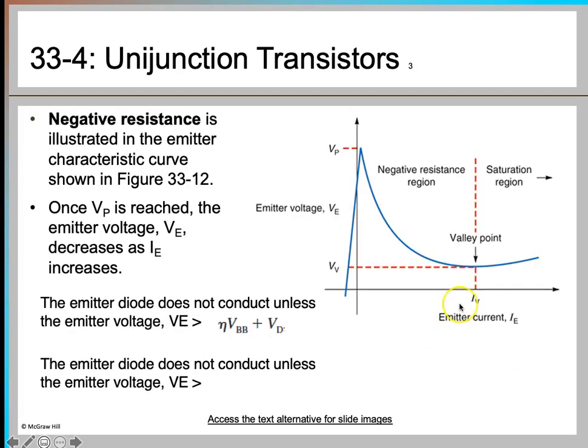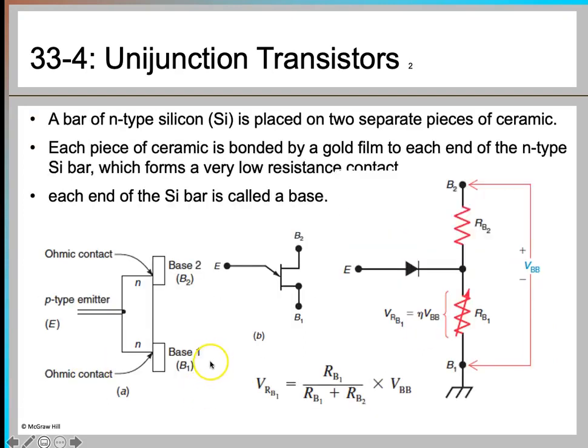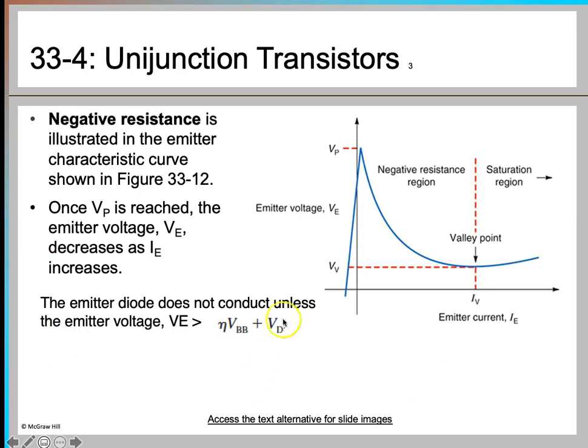Now let's see next. Next we have the characteristics between emitter voltage and emitter current. In this you see there is a voltage VP here and then a VV voltage.